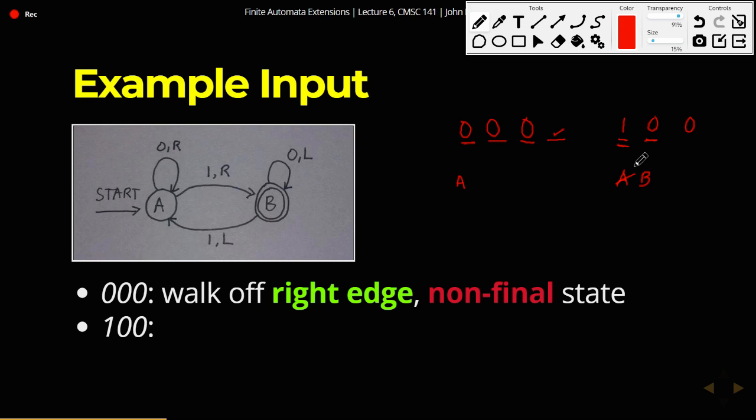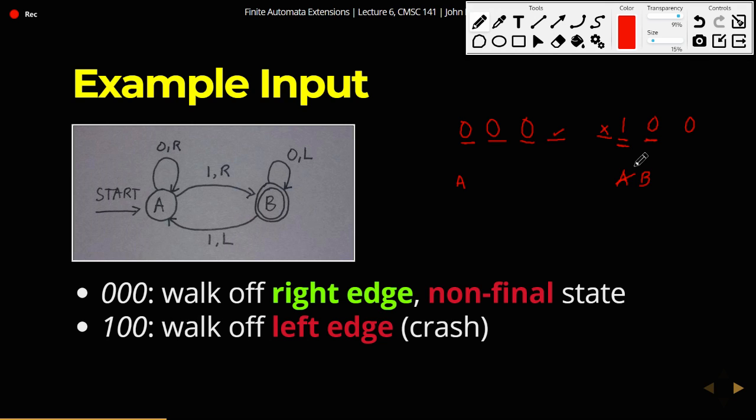Now, B on 1 will go to A here, and it will also go left. So we're currently in this 1 here, and we're asked to go left. So we're actually walking off the left edge. Okay, so we walk off the left edge of the input string because from the first symbol we go left.